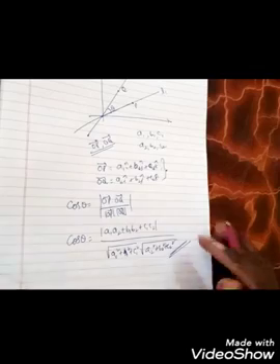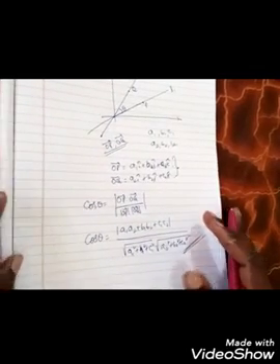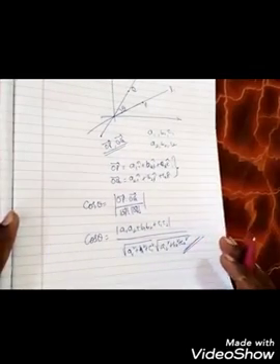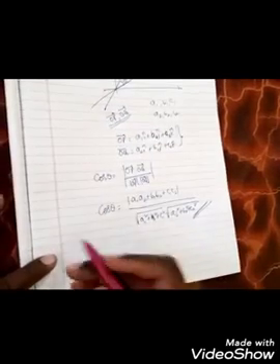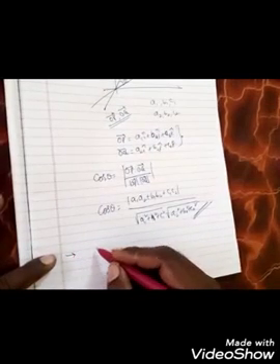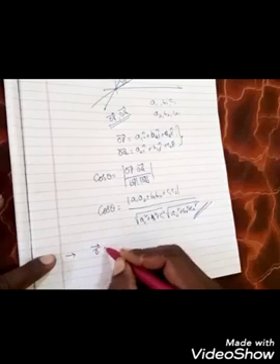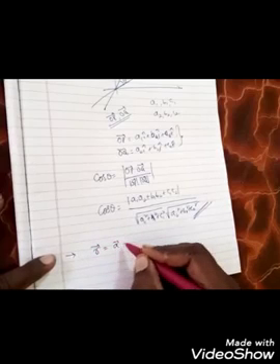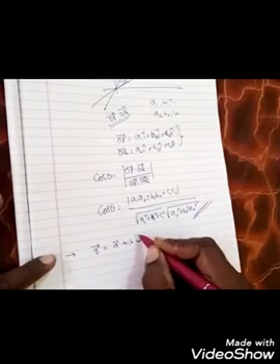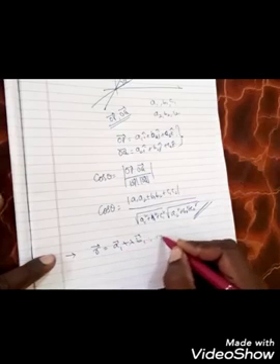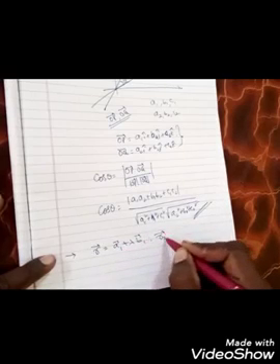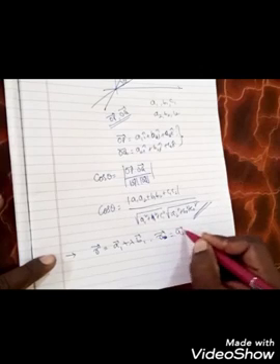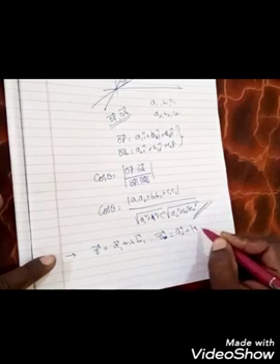Further, there are some cases involved in this. Case 1: if the lines are given in the form R bar is equal to A1 bar plus lambda B1 bar, and R bar is equal to A2 bar plus mu B2 bar.